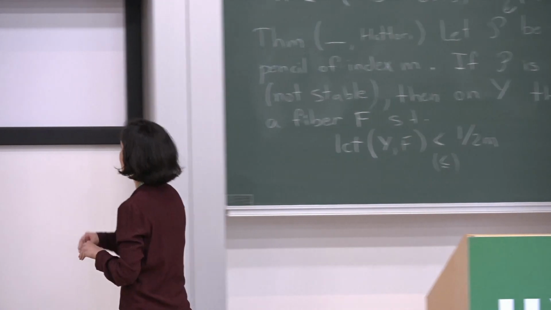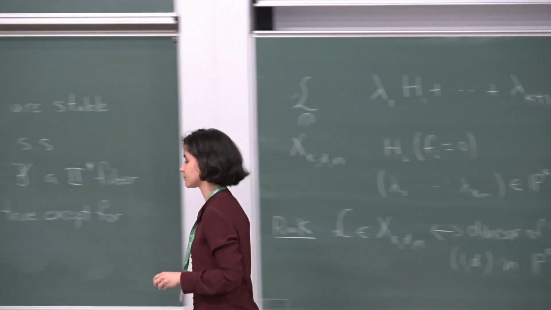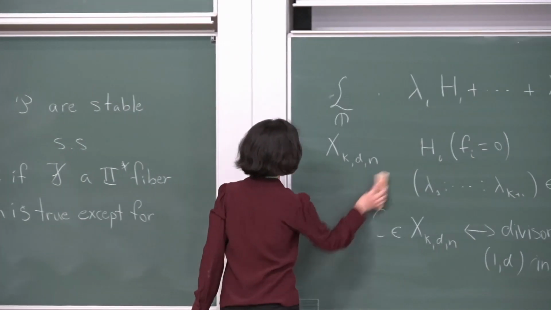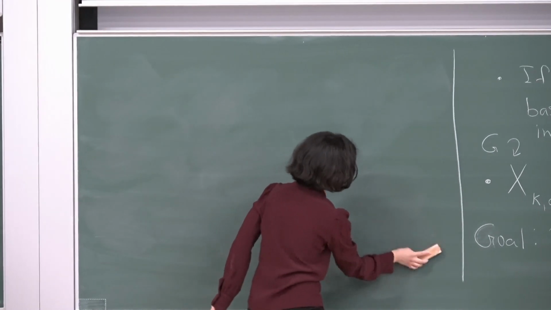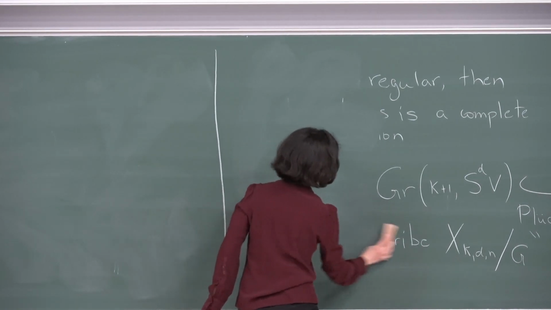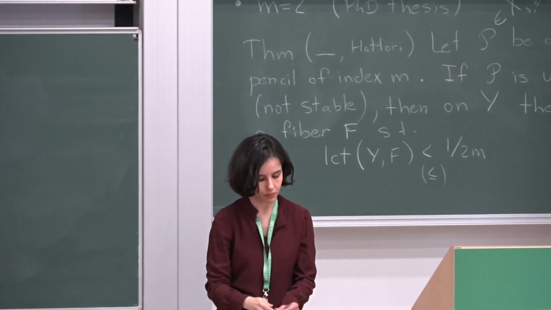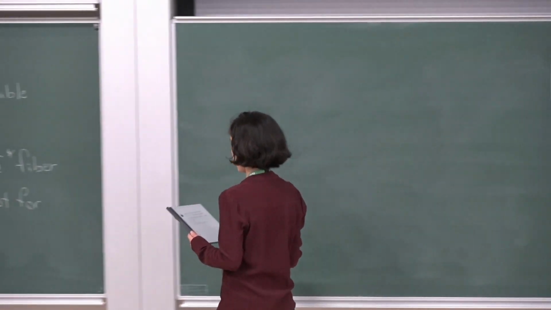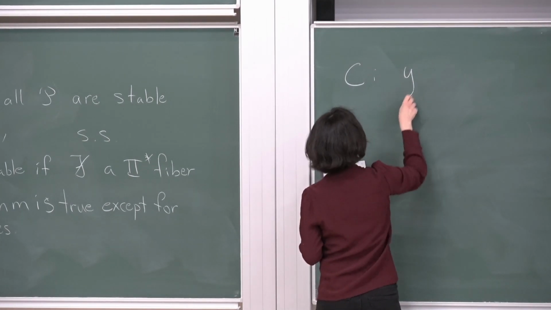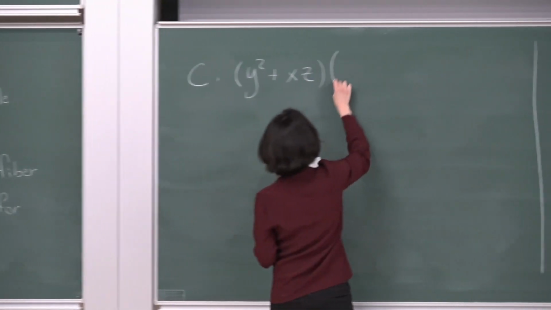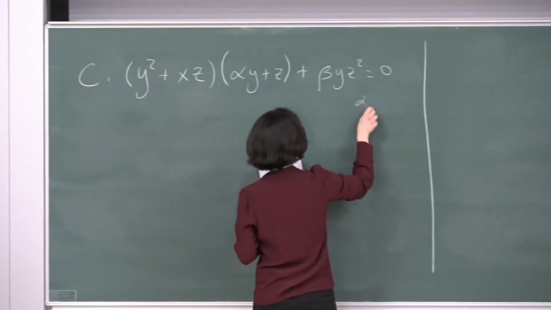I was saying, okay, so the converse is true, except for some examples, and I'm going to give the example. Consider C to be the following cubic. Here alpha and beta are some parameters, but they cannot be 0.